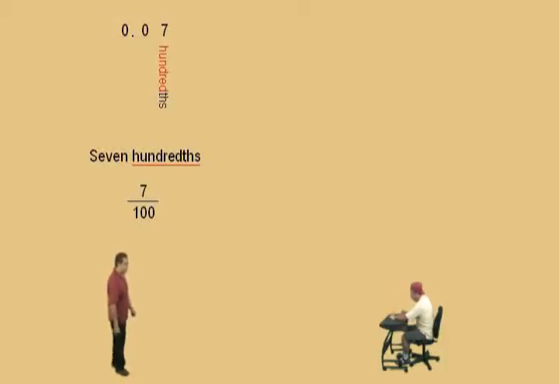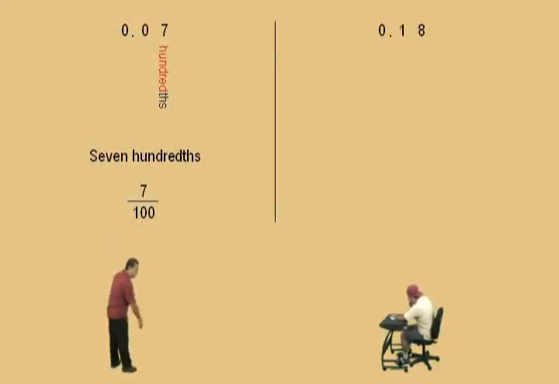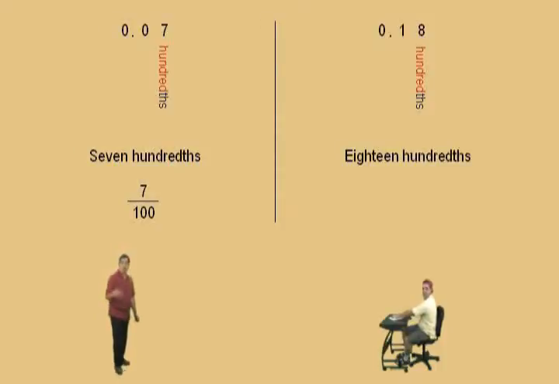Let's do another one. Here we go, Charlie. 0.18. If we're going to read that correctly as a word statement, let's define the place value. Ones, tenths, hundredths, right? And the 8 is in the hundredths place. How many hundredths do we have, Charlie? 18. 18. We have 18 hundredths.